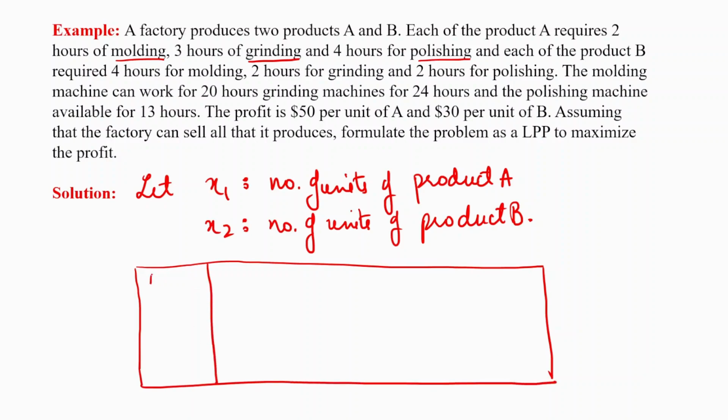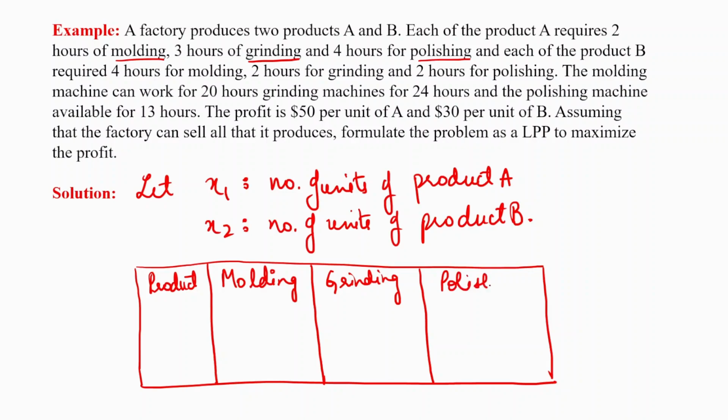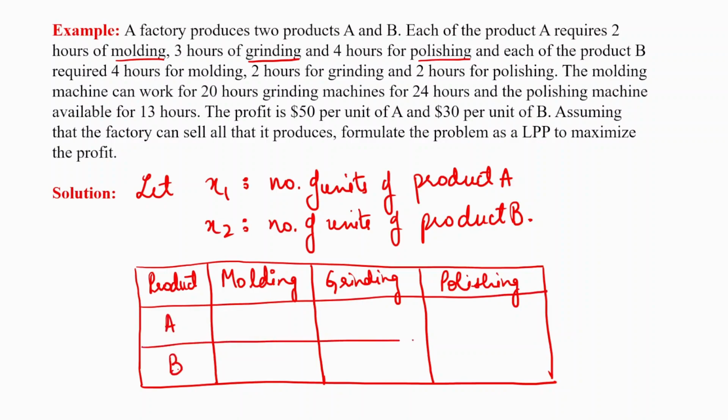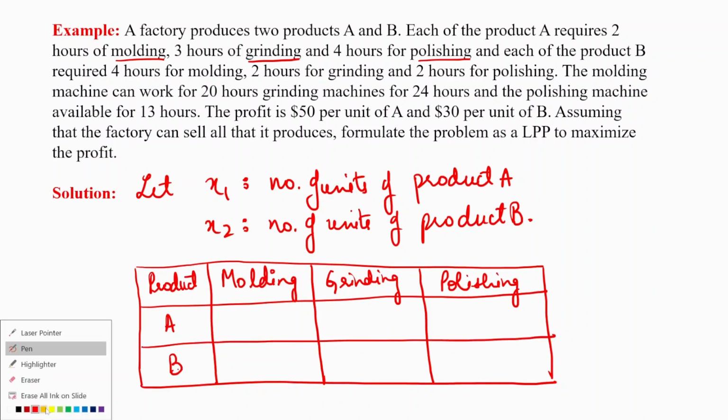Let me take the product, then the number of hours of molding, grinding, and then polishing, for product A and product B. Let me take another color pen so that we can easily identify.